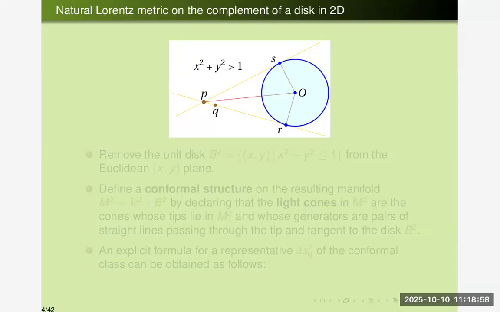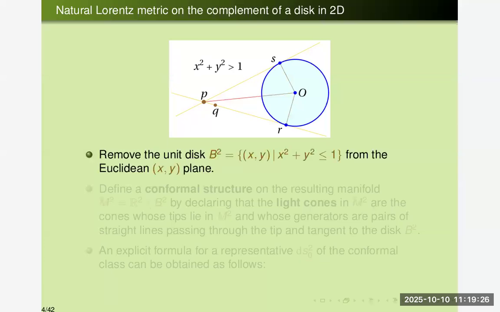So you have this R2 with the disk removed, and a light cone from a point is just a cone that is tangent to the disk. At every point you have a light cone. So this defines a conformal structure, and let's look at how this conformal structure looks.